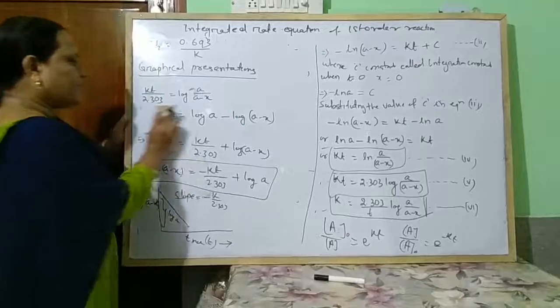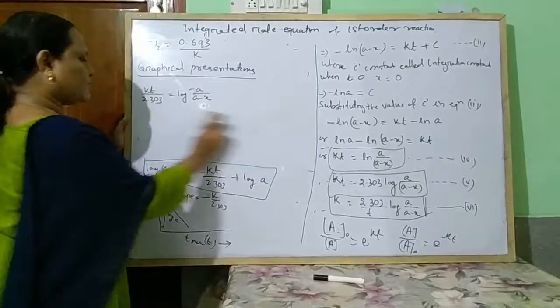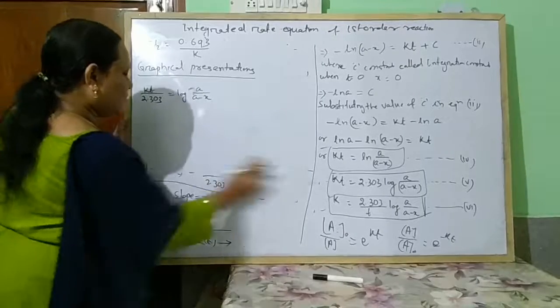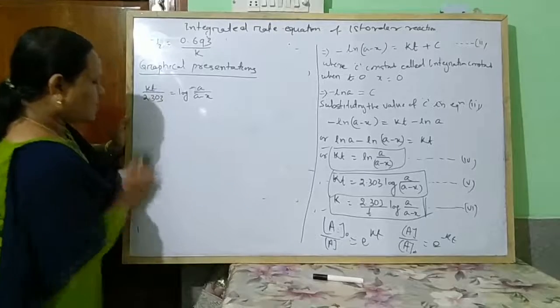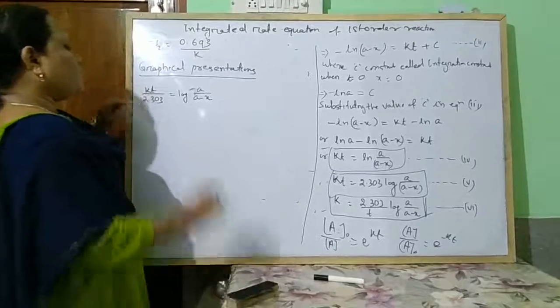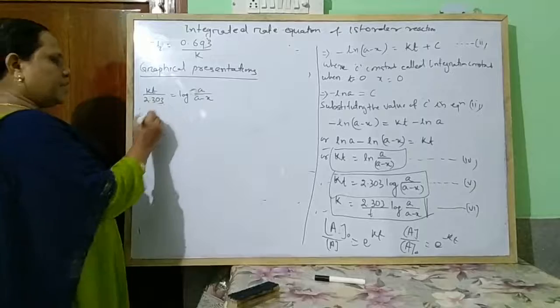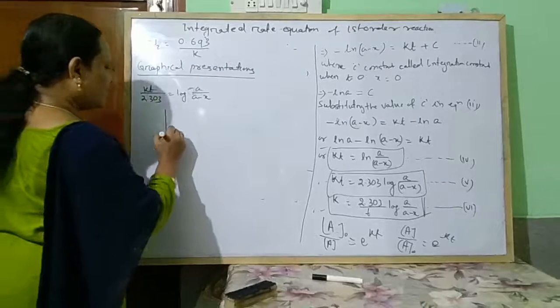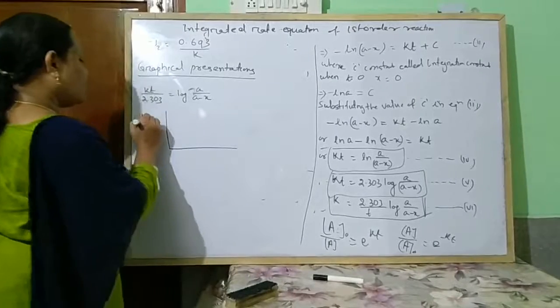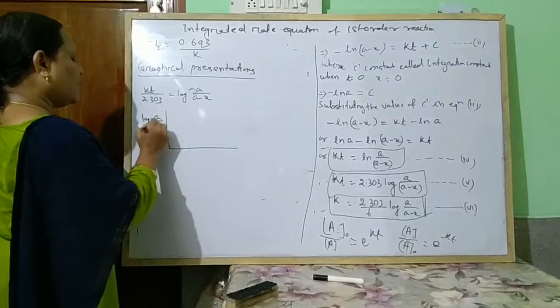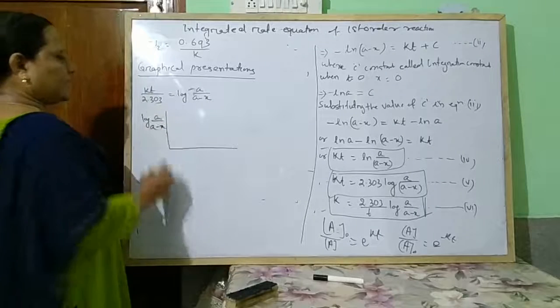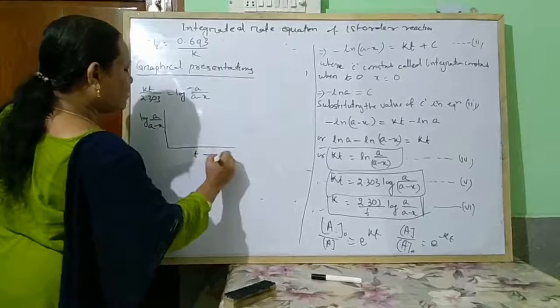And when the graph is plotted kt by 2.303 versus time, suppose the graph is drawn between log A by A minus X versus time.